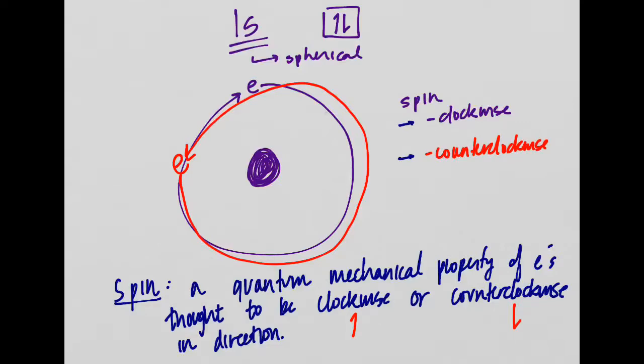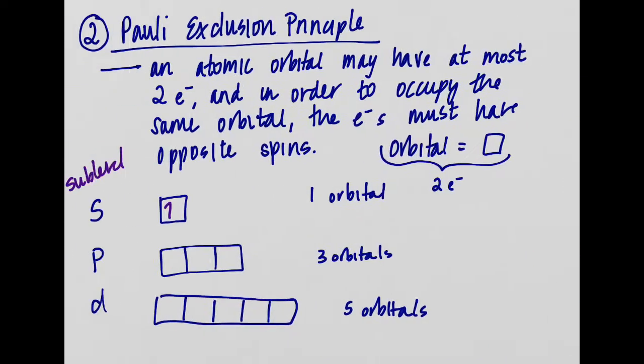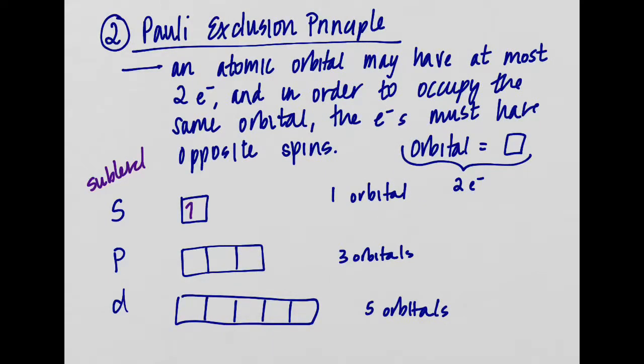So Pauli's exclusion principle states that every orbital, every square, can only hold 2 electrons, and they must have opposite spins. So if I drew it like this, that means I have 2 electrons with clockwise spin. That is impossible. I cannot have that.